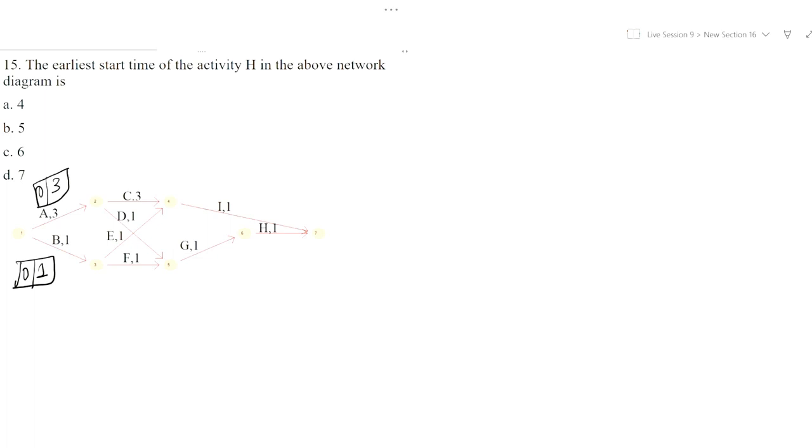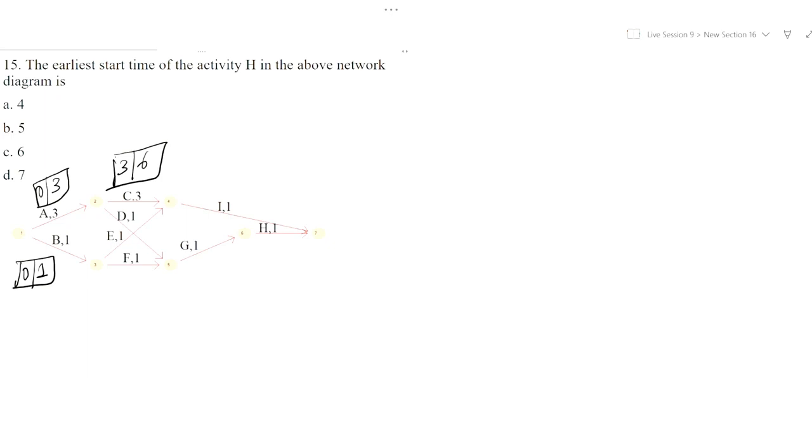Now for activity C, the start time is 3 and the end is 6.